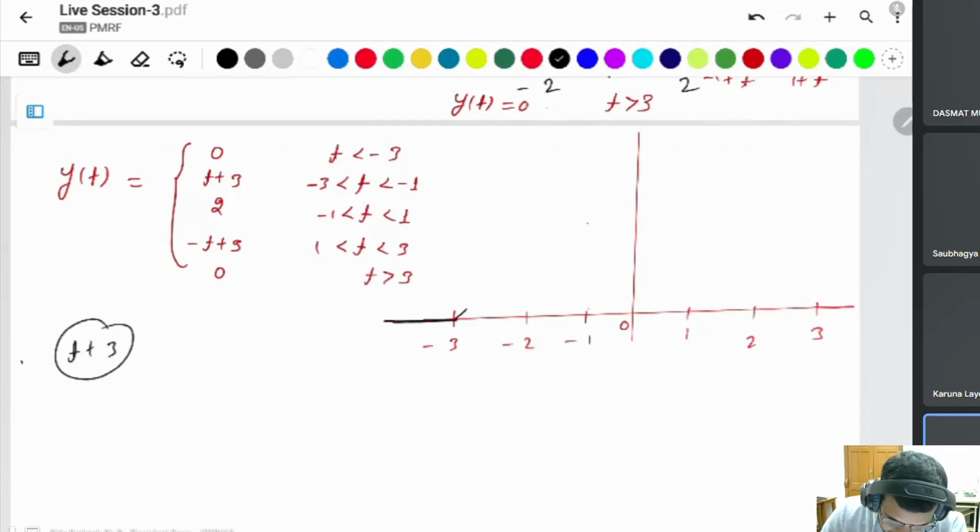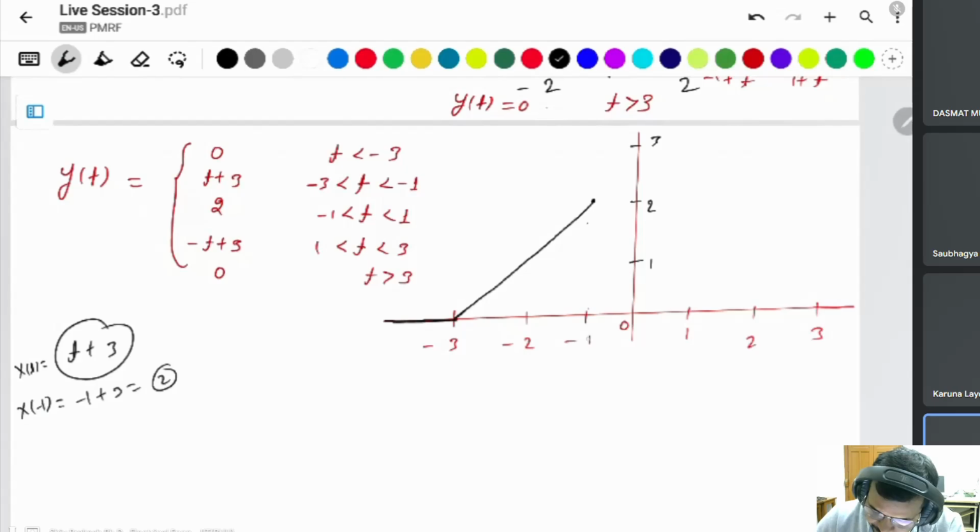Suppose xt is t plus 3, then at minus 1, what is this? Minus 1 plus 3 is equal to 2. 1, 2, 3. It means there is a 2 here somewhere. It goes to 2 at minus 1, then still 2 when it goes to 1 also.